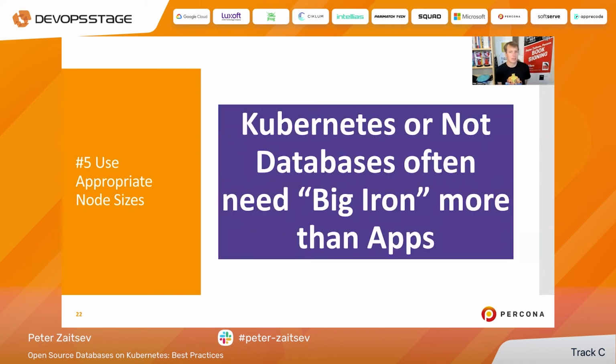Another thing to consider is using appropriate node sizes. The thing here is that on Kubernetes, as well as in your classical on-prem bare metal or VM environment, databases often require larger VMs, larger bare metal compared to what you use for web apps, for example, because they may not be scaling out as easily.